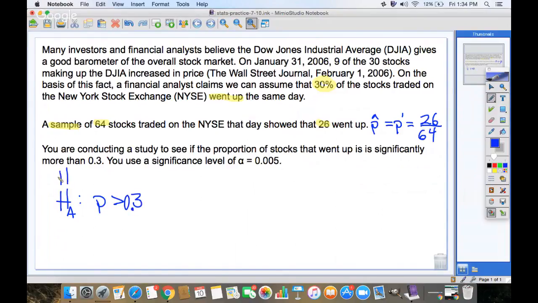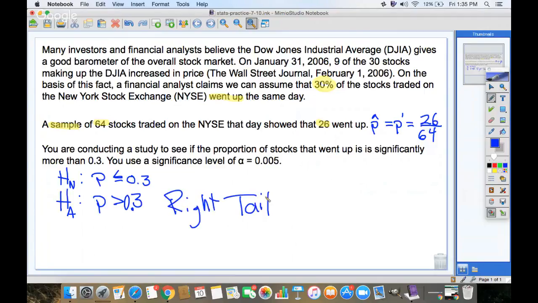The null hypothesis is either going to be that P is equal to 30%, or I could take the opposite of greater than, which would be less than or equal to. So we could go with either of those here. I'm going to write it down this way. So I'm doing a right tail test is what this tells me.